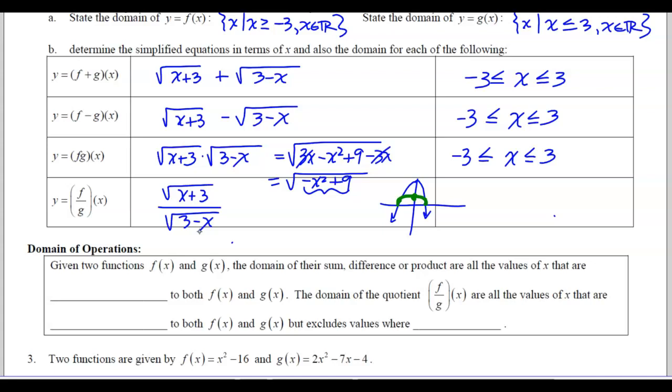We'll just leave it like that. Except, remember, we can't have 0 in the denominator. So what value of x makes that 0? 3. So now I just show it as less than 3, not equal to. It can still be equal to -3, but not 3. So be aware of that.